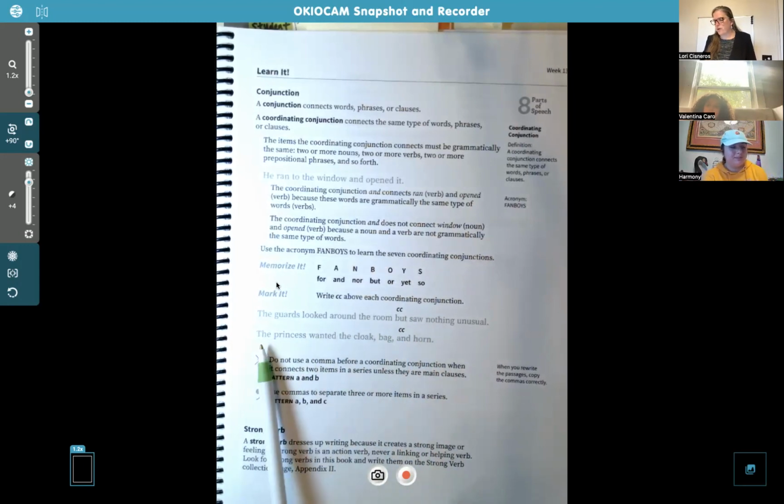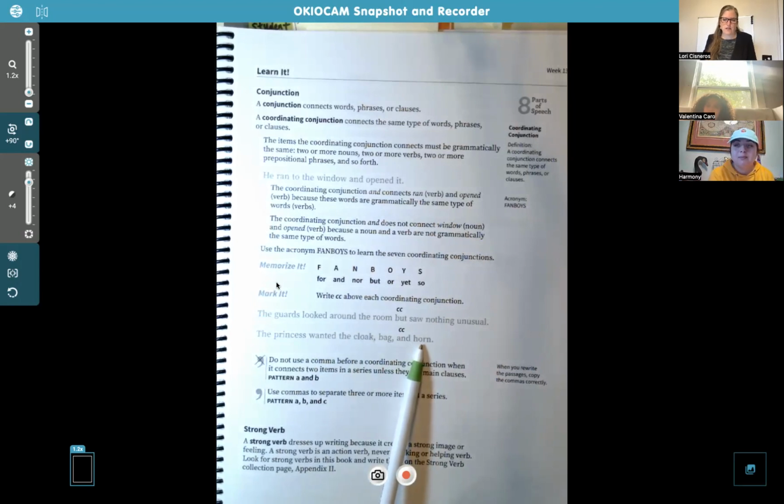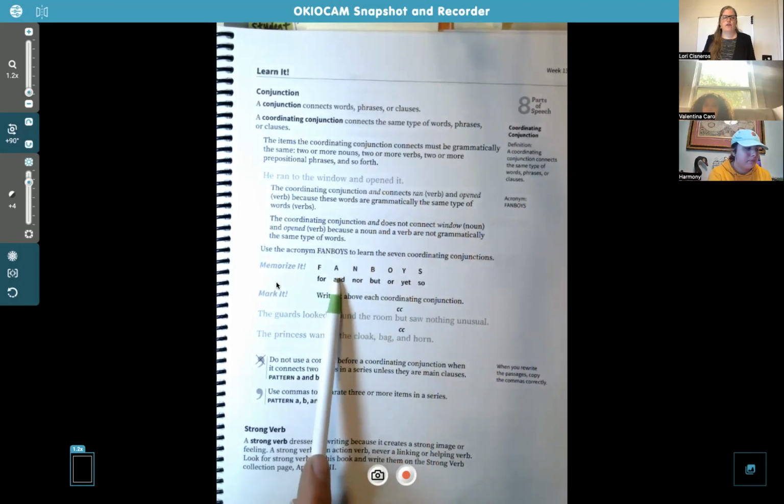And here's another example. The princess wanted the cloak, bag, and horn. And so here we have a list of 3 things, and these are all nouns that the princess wanted. She wanted a cloak, a bag, and horn. Those are all 3 nouns, and this CC is the coordinating conjunction and, that is the A in fanboys right there, okay?